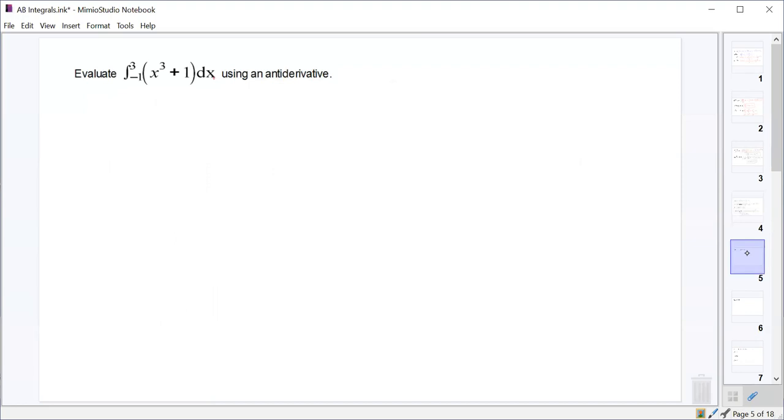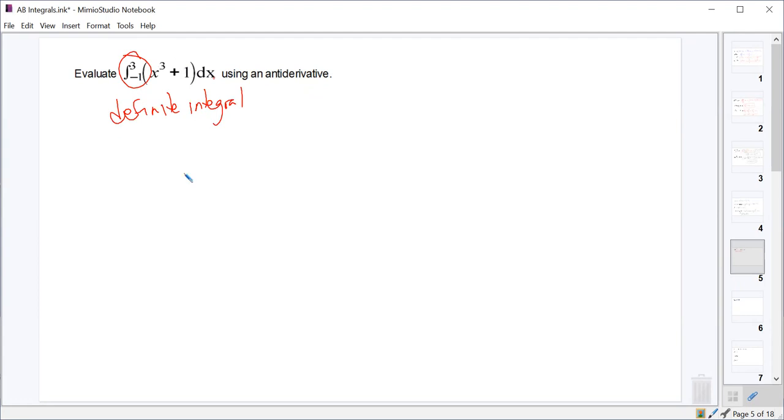All right. So let's take a look at evaluating one of these using a definite integral. So this is now a definite integral because it has limits. And when we do a definite integral, we don't have to worry about adding the plus c because we're actually going to evaluate our integral at certain values. So the second part of the fundamental theorem of calculus says, take the integral of x cubed plus 1.